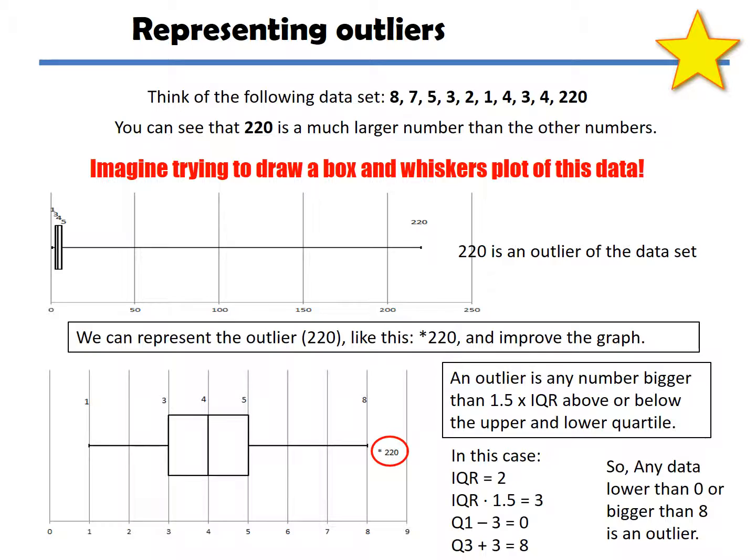So basically any number that's lower than 0 or bigger than 8 would be considered an outlier over here. And that's why 220 is considered an outlier. Just a reminder, they very, very rarely ever ask you a question about outliers, but you should know about it because it does appear in the syllabus.